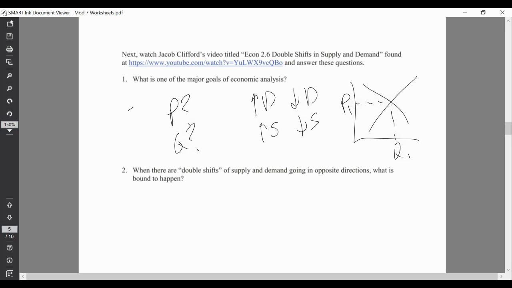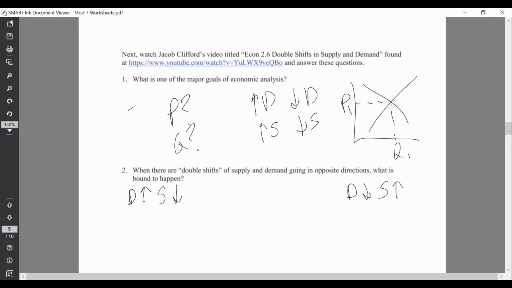Number 2 says when there are double shifts of supply and demand going in opposite directions, what's bound to happen? Well, let's say we do one where demand increases and supply decreases, and then over here demand decreases and supply increases.